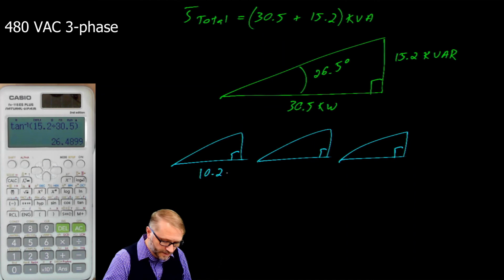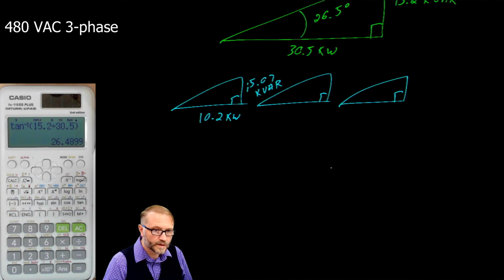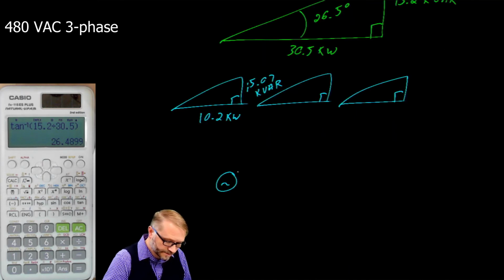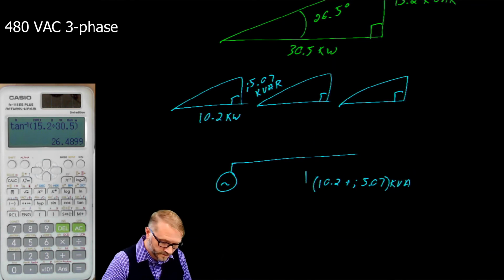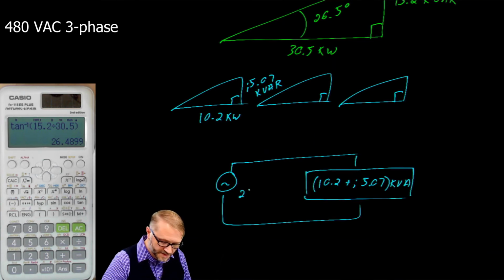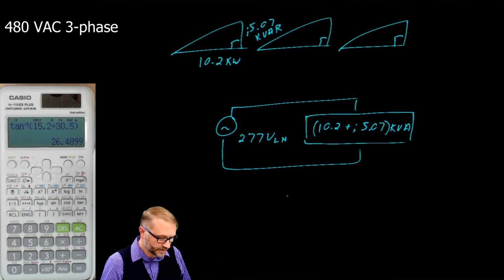So that becomes 10.2 kW and 5.07 kVAR. Schematically, it looks like this, where this is 277 volts line to neutral.